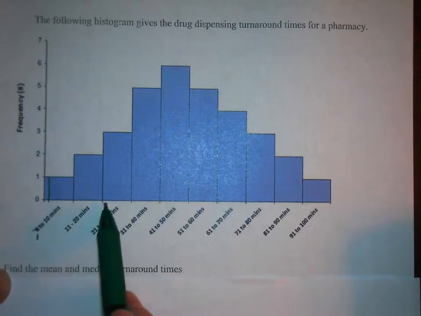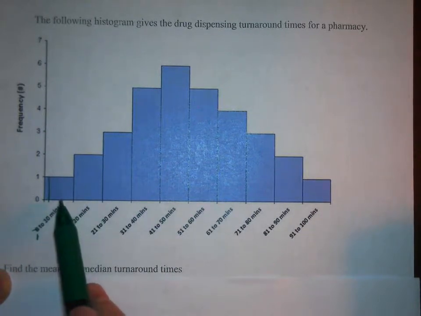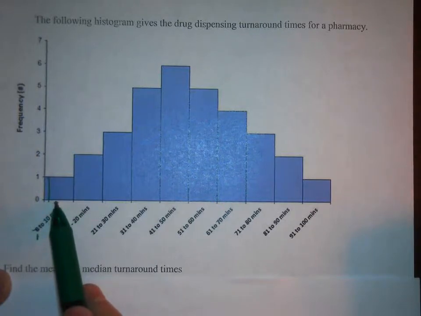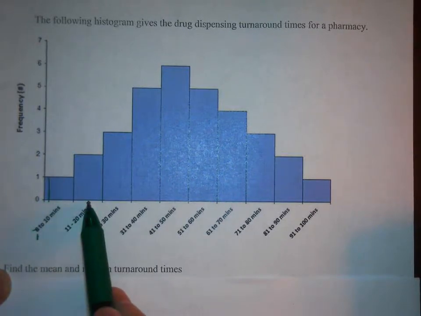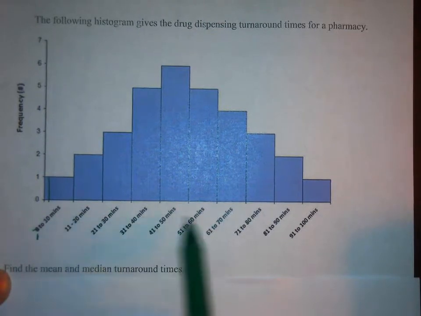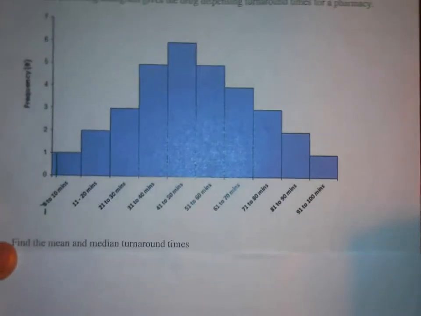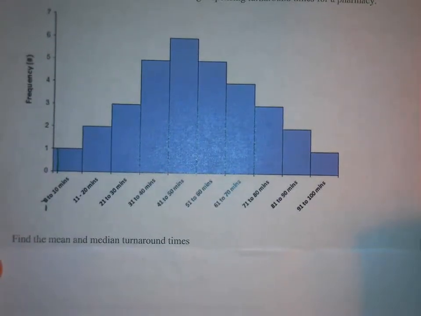They should have labeled the endpoints, or just labeled the midpoints to be 5.5, 15.5, and so on. This is not the best labeling job here, but anyway, we can still use it. So this is using an interval, which is different than the first one, which is why I'm showing you this one.